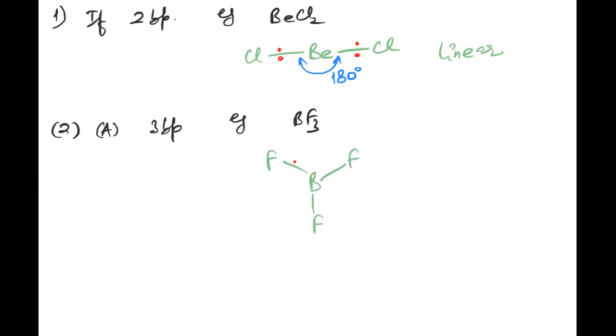So between bond pairs of electrons, the precise angle is found to be 120 degree. The geometry of the molecule should be trigonal planar geometry.